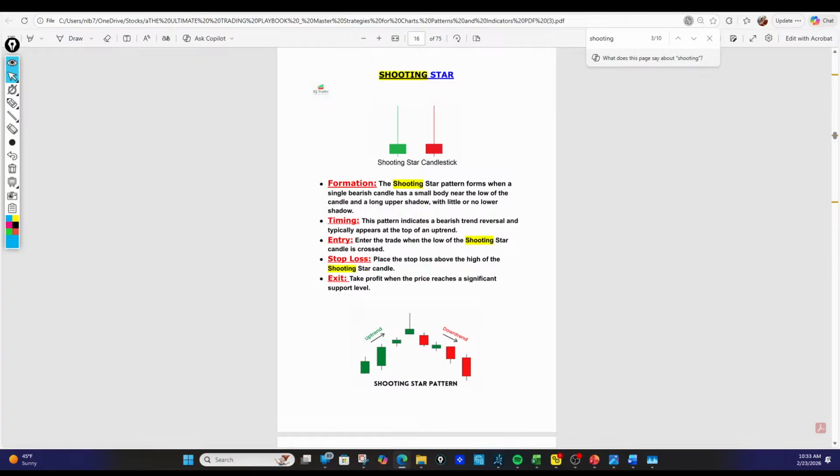But to me, seeing this long string of green, that is not gambling. That's knowing exactly what's happening. Okay, and supposedly you place the stop loss above the high of the shooting star candle and take profit when the price reaches a significant support level.